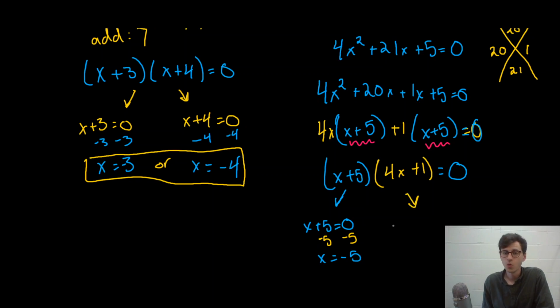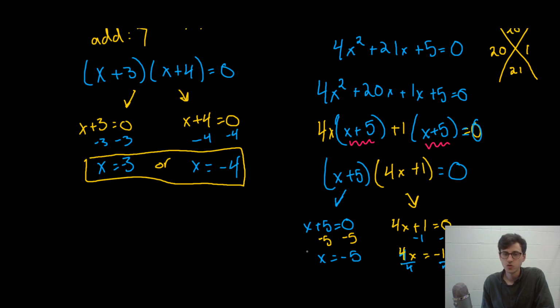Or 4x plus 1 equals 0. Subtract 1. 4x equals negative 1. Divide by 4. So x equals negative 1 over 4.